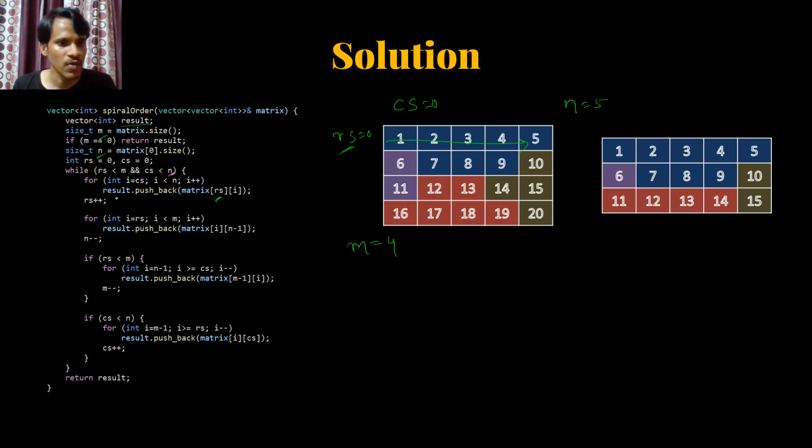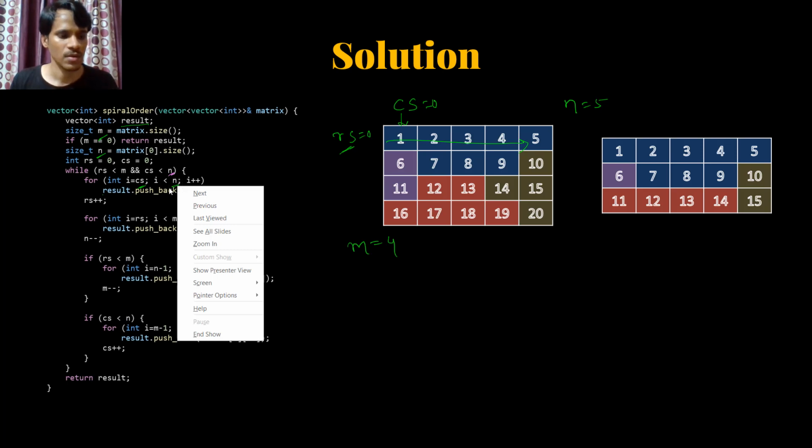So here what we are doing is, for i equal to column start, which is the current column at this point of time, so this will also increase, and the row start and column start increase, and m and n decrease to minimize the problem to a smaller sub problem. Okay, so we'll start i from column start to the current number of columns.